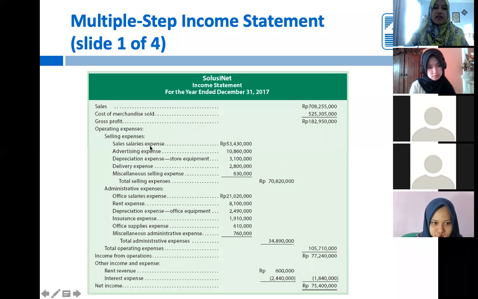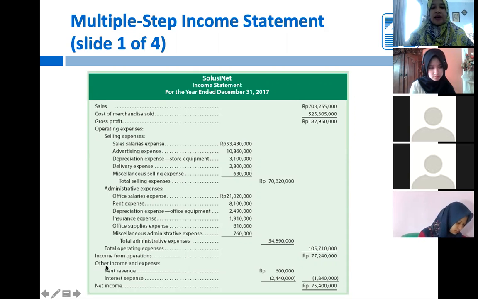So that's why it's called multiple step, because it goes step by step. The expenses are step by step, even the profit is also step by step. It shows the gross profit first, and then after deducting all the operating expenses, we'll get the income from operations.